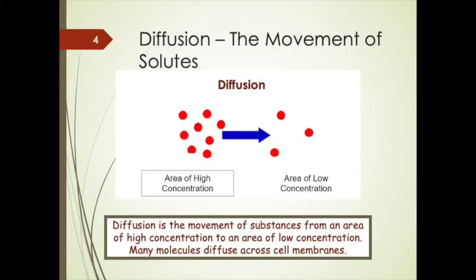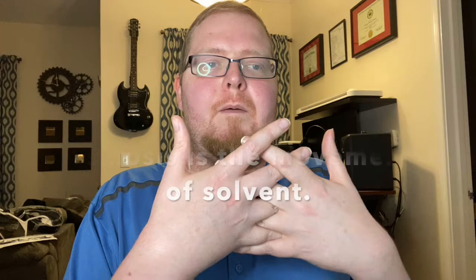As the concentration of solutes increases in the solution, the concentration of water decreases. So you have a bucket of water, and as you increase the solute, the concentration of water is going to decrease. Diffusion is the movement of solutes. You can control that movement if you can control the amount of solutes in that solution.